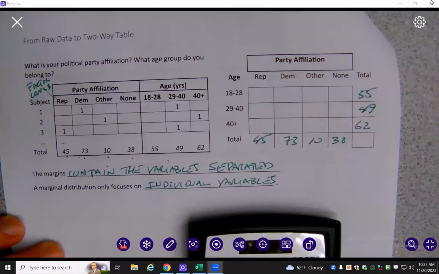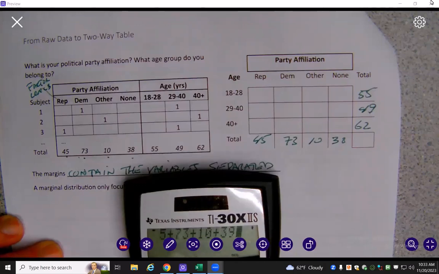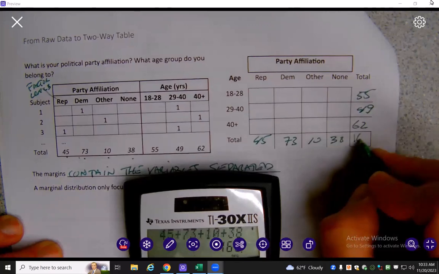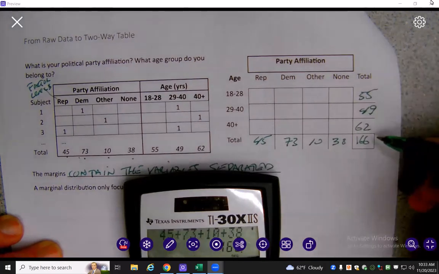Well, let's find out. I'm going to add these up: 45 plus 73, plus 10, plus 38. So there were 166 total. If you add these other numbers up, you should see that they come out to 166 also.